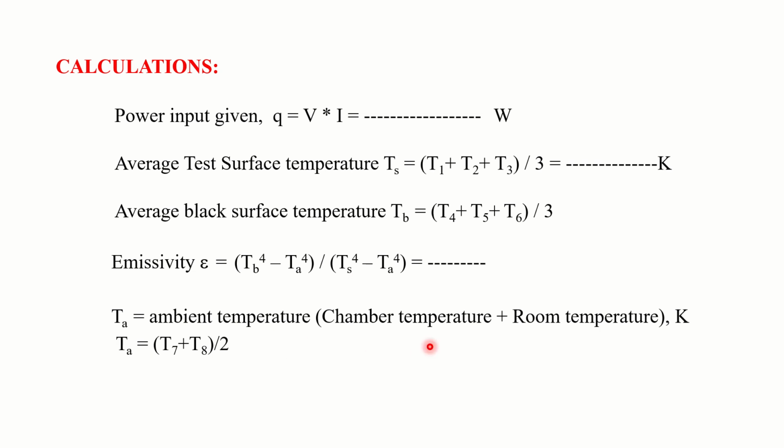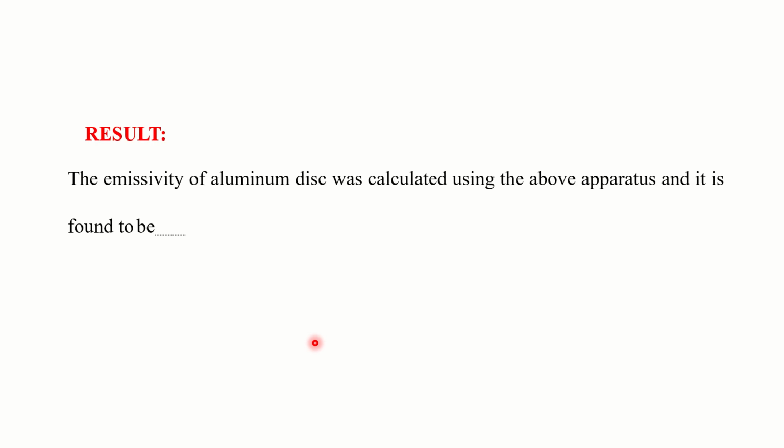So this can be calculated by taking the average between chamber temperature and room temperature. That is, by taking the average between T7 and T8, TA can be calculated. By substituting all the temperature data, you will get emissivity of non-black surface. Then final step, tabulating the result. So the emissivity of the non-black surface can be reported as the result of the experiment.